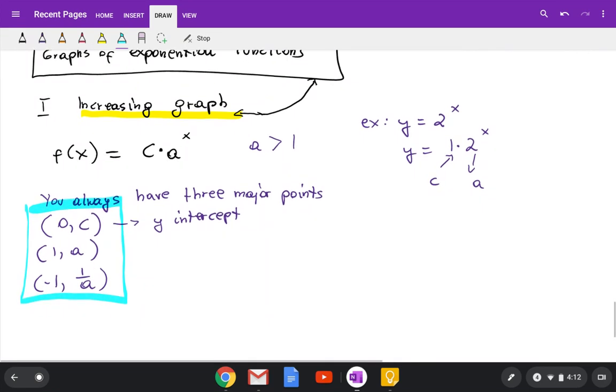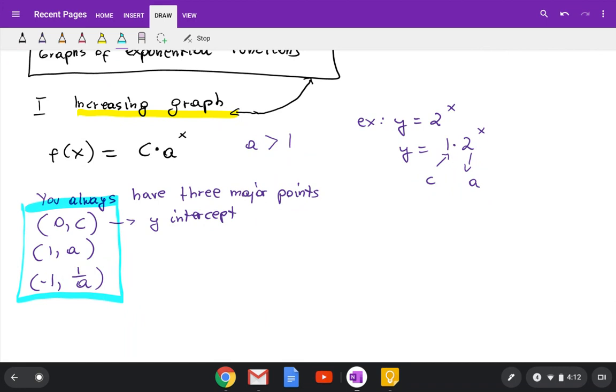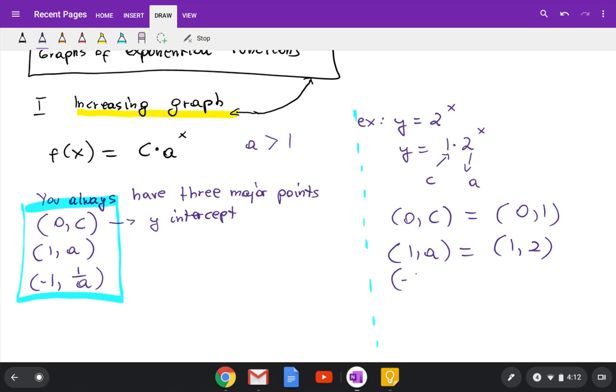So based on our example, going back to this example, if I have to graph it, again, c is equal to 1, a is equal to 2. Knowing those 3 major points, 0, comma c, I already know that we have the point 0, comma 1, since c is equal to 1. That's the coefficient in front of the base. 1, comma a, look into the equation, so it will be 1, comma 2. And the last one is negative 1, comma 1 over a, which is negative 1, 1 half.